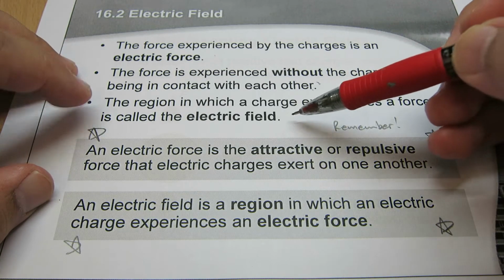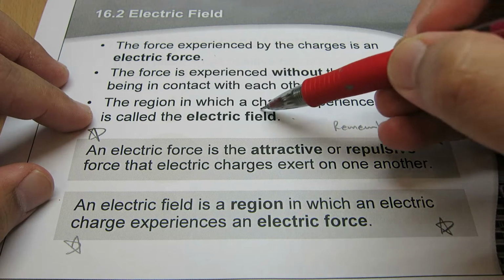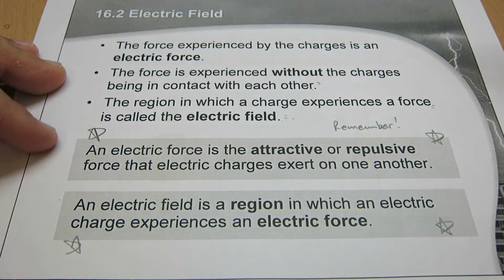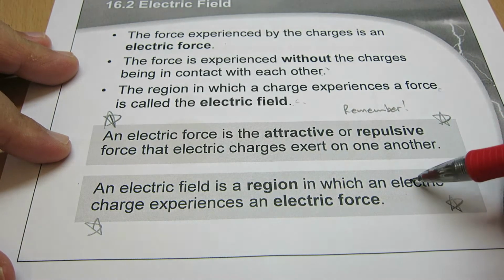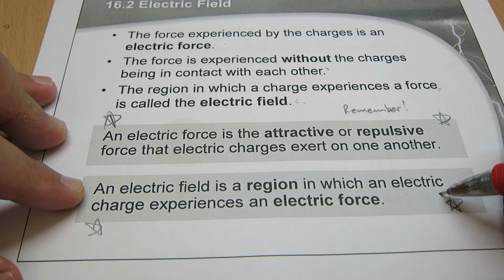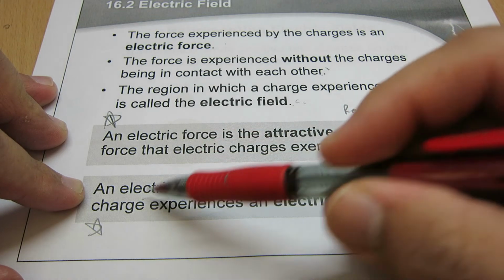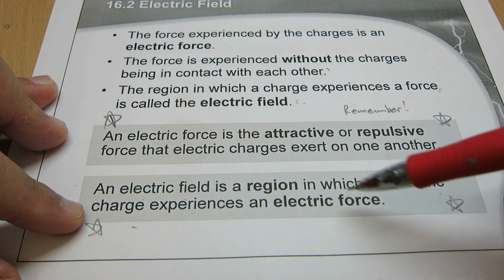The region around which a charge will experience a force is called the electric field. I put a star here because you need to remember this word going forward. This electric field looks similar to another field that you have learned, the gravitational field. An electric field is the region in which an electric charge experiences an electric force.